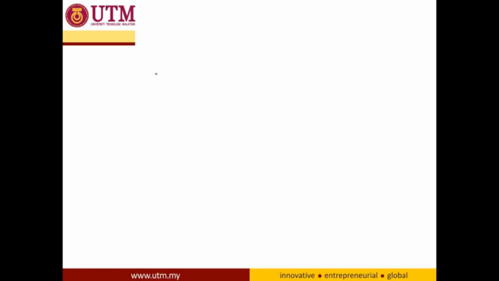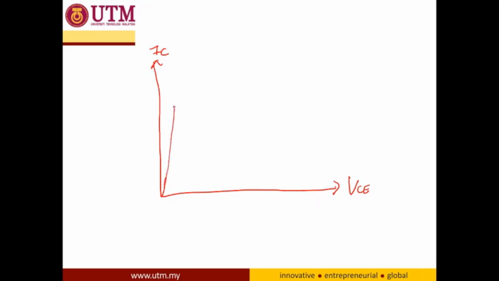So in summary, if I plot again, this is IC versus VCE. The saturation region is where the current starts to flow up towards the maximum current, IC max.